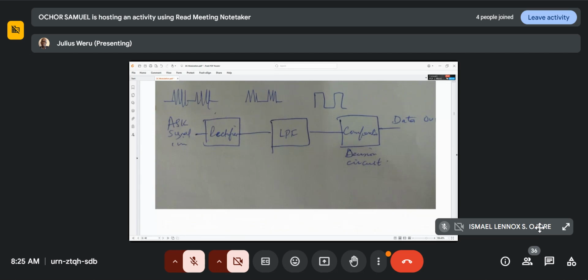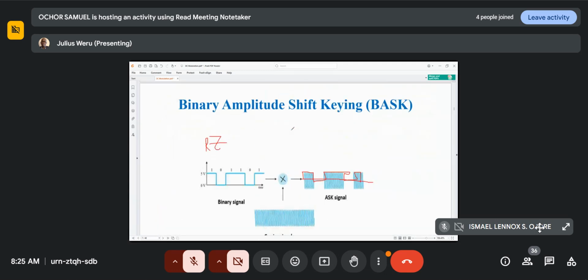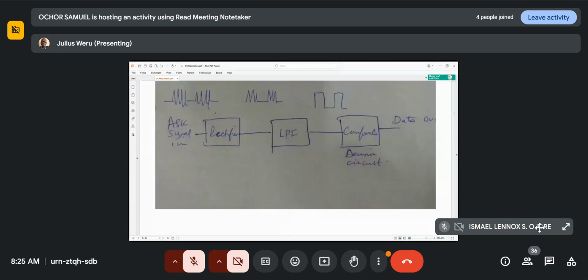So you have a rectifier, then of course you have the LPF. The LPF will remove the carrier and only leave the low frequency signal. It will remove the high frequency signal. So we use a low pass filter.